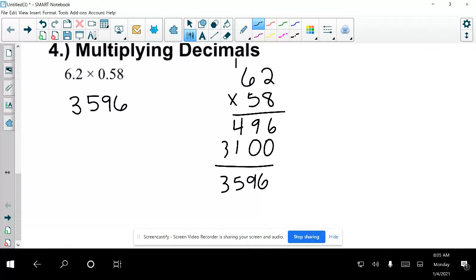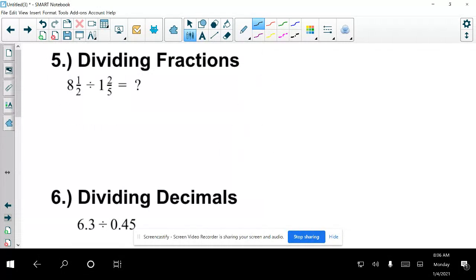What do I have to do now for my final answer? How many decimal places she said, add all the decimal places. So Gavin, how many decimal places does my answer need to have? 3, because there's 1 in this number and 2 in this number, okay? All right, so you have to remember all those little details when you don't use a calculator, okay?